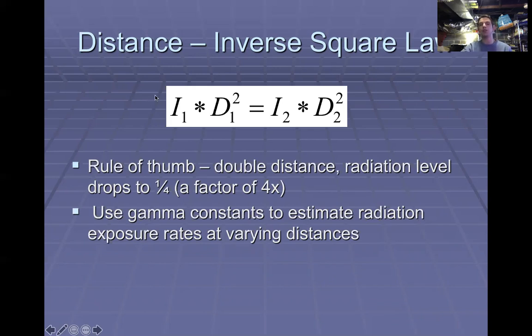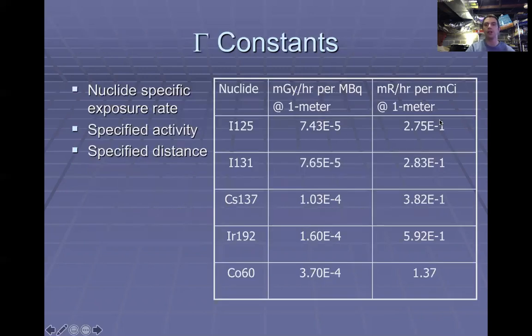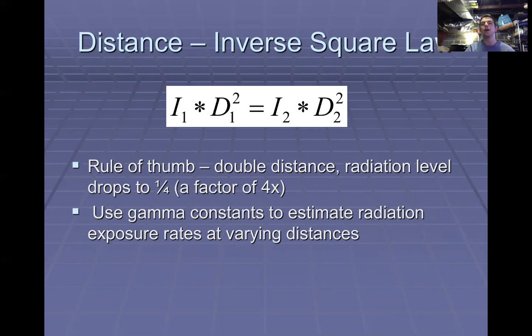Some gamma constants will be at 1 centimeter, but even then, you really don't want to trust dose rates at 1 centimeter. It's more for use in designing a room where you have a couple of meters. But using the gamma constant and this inverse square law allows you to get a good approximation of radiation levels at anywhere you want to try to decide them.